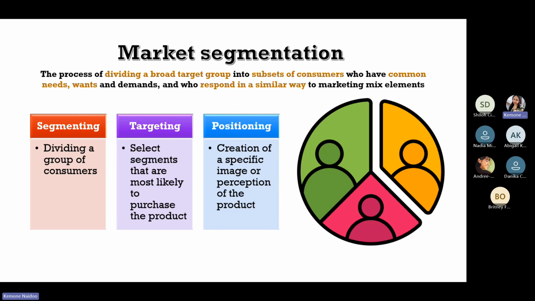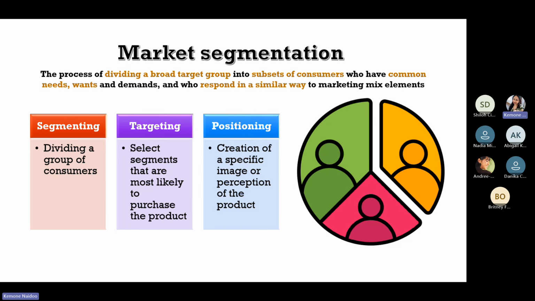Okay, we're moving into market segmentation. Now, market segmentation is a huge part of marketing because it is the process of dividing a broad market into smaller, distinct groups of consumers who have shared characteristics, or similar behaviors or similar needs.